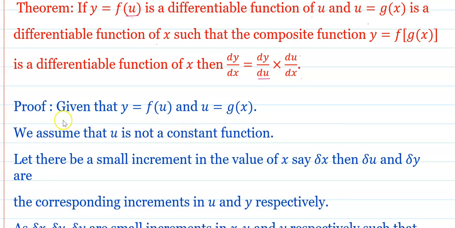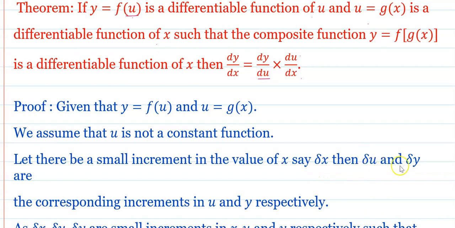Given that y is equal to f of u and u is equal to g of x. Okay, y is a function of u and u is a function of x. We assume that u is not a constant function, otherwise its derivative is 0. Let there be a small increment in the value of x, say delta x. As x changes, y also changes.